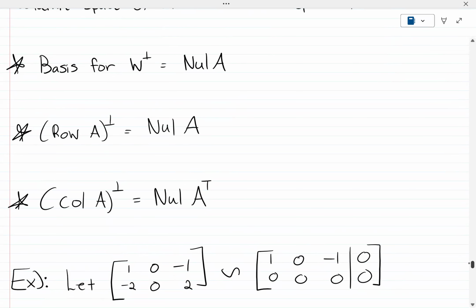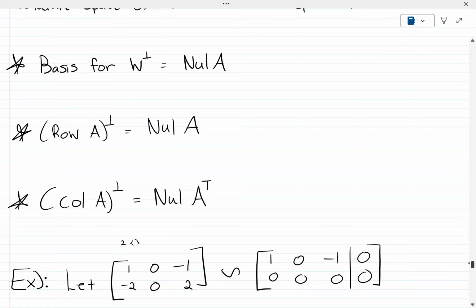What does that mean? This is why we do examples. Okay, so let's say you had this 2 by 3 matrix, 1, -2, 0, 0, -1, 2.